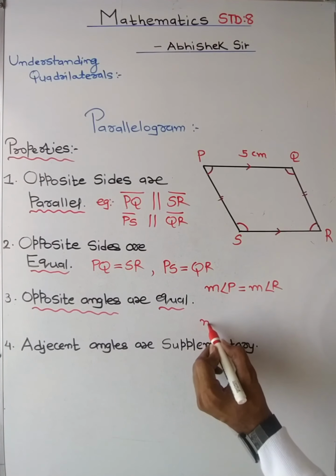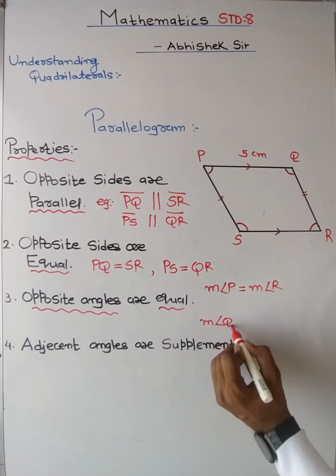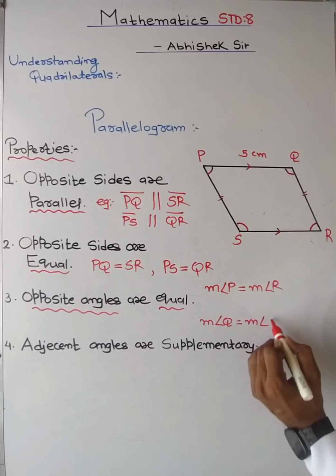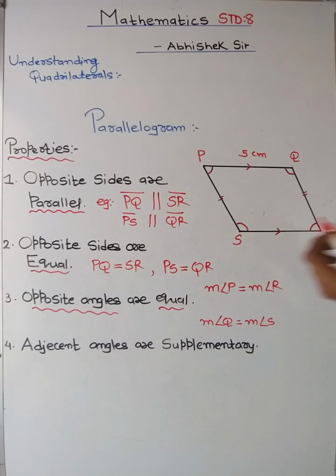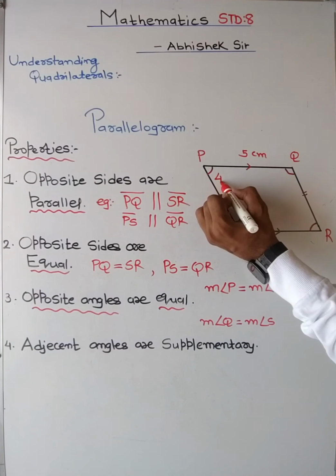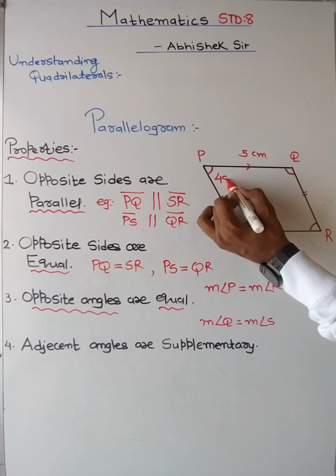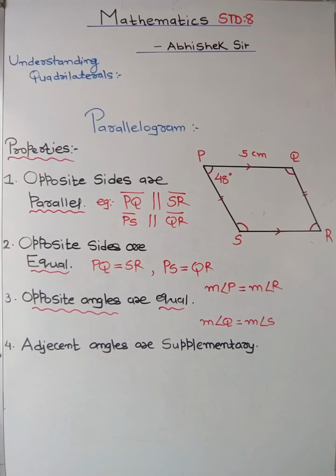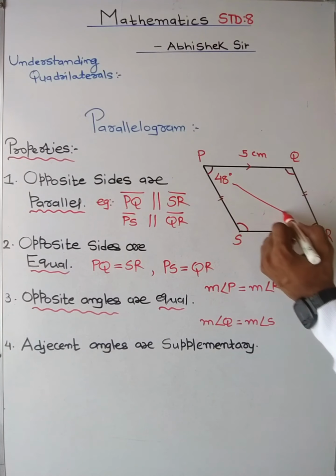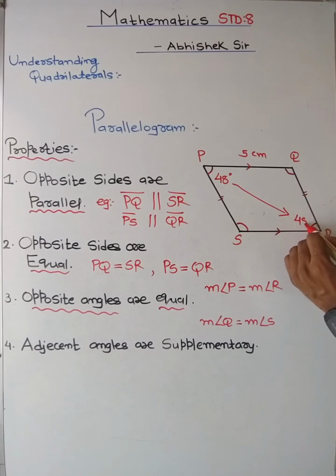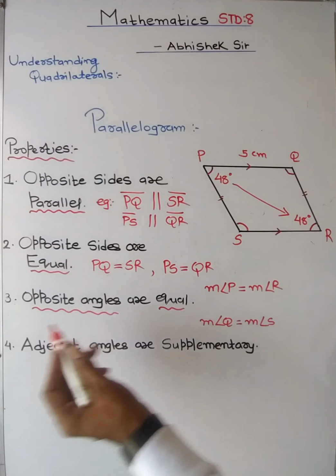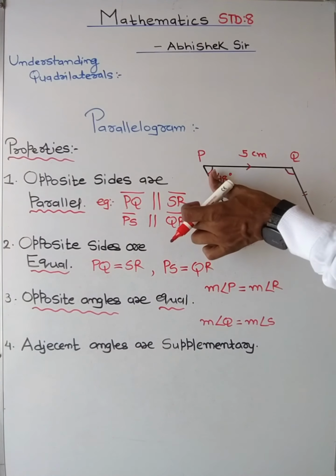Same way, the measure of angle Q equals the measure of angle S according to this property. So let us assume that this is 48 degrees, that means the opposite angle R will also be 48 degrees. Clear? So this is the meaning of this third one, right?